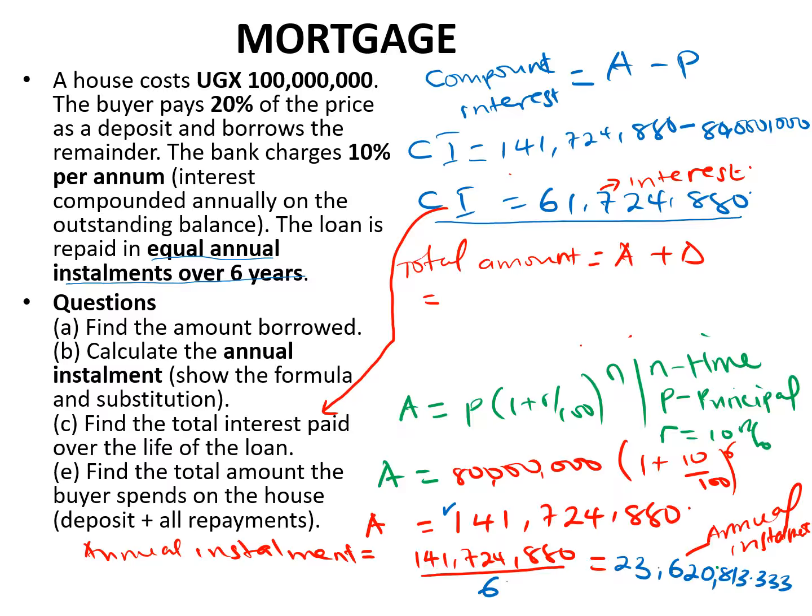How much do I need to pay in total? That is 141,724,880 plus deposit. And here we have seen the deposit is 20 millions.